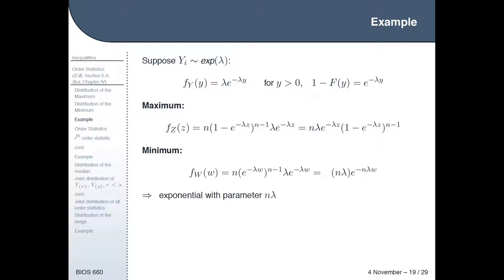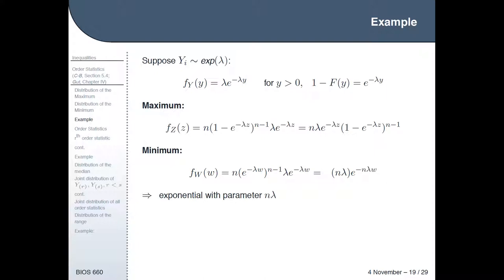To find the density of the minimum, take n times 1 minus the CDF, which is just e to the minus lambda w, to the power n minus 1, times lambda e to the minus lambda w. Simplified, that gives us n lambda times e to the minus n lambda w, which you may recognize.